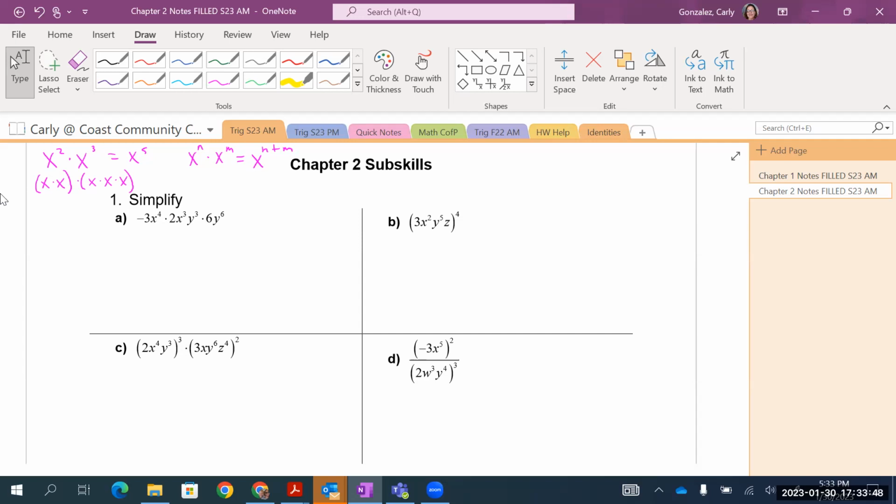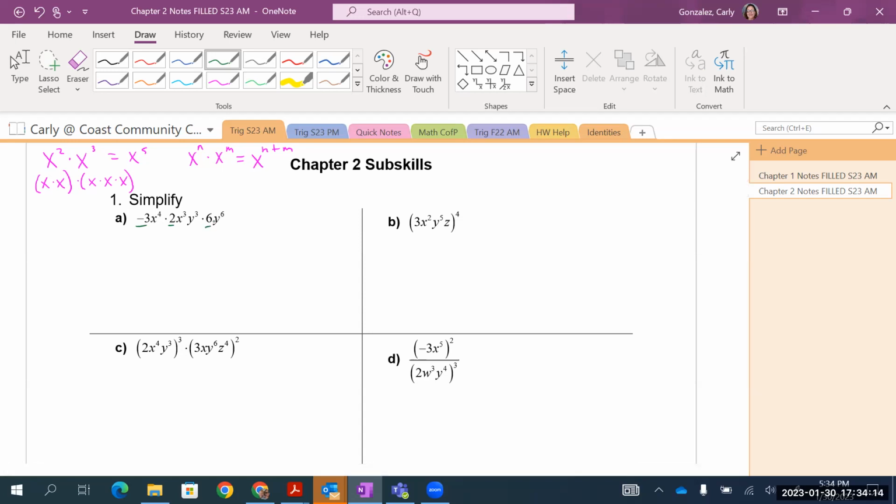Negative 3x to the 4th times 2x cubed y cubed times 6y to the 6th power. The first thing I want to call attention to is that we have regular numbers such as negative 3, 2, and 6, and then we have variables x and y.